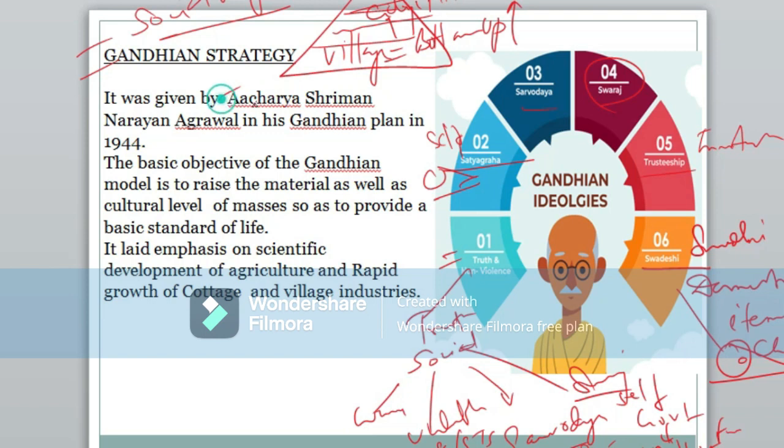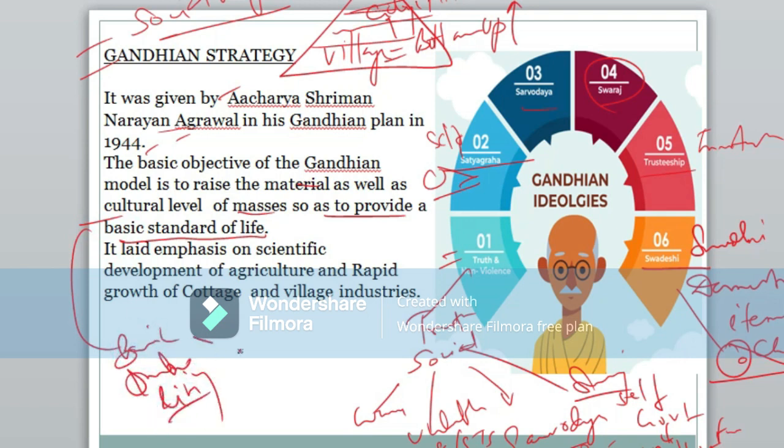So Acharya Shriman Narayan Agrawal, in his Gandhian Plan in 1944, says that the basic objective of the Gandhian model is to raise the material as well as the cultural level of the masses, so as to provide a basic standard of life. Basic standard of living को बढ़ावा दिया जा सके and overall social development हो सके.